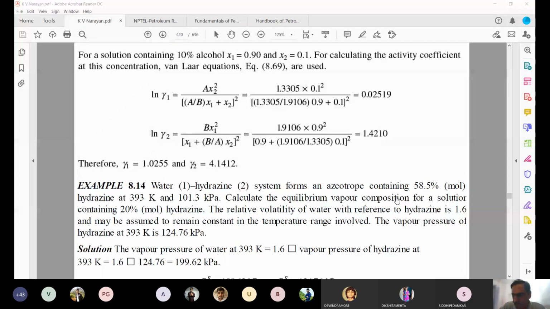Alpha is equal to P1s upon P2s, right? You can find out the vapor pressure of water, P1s, as 124.76.